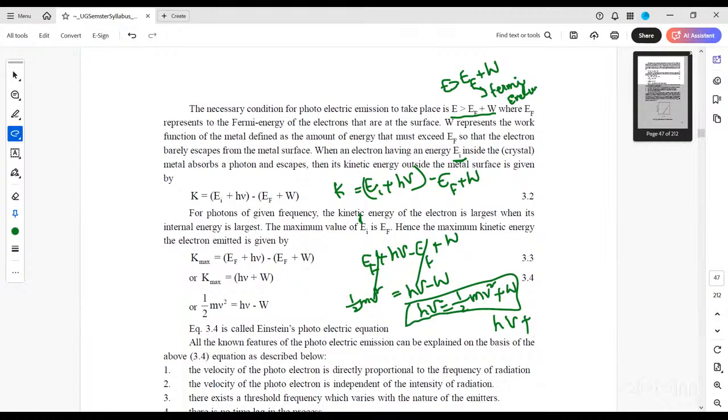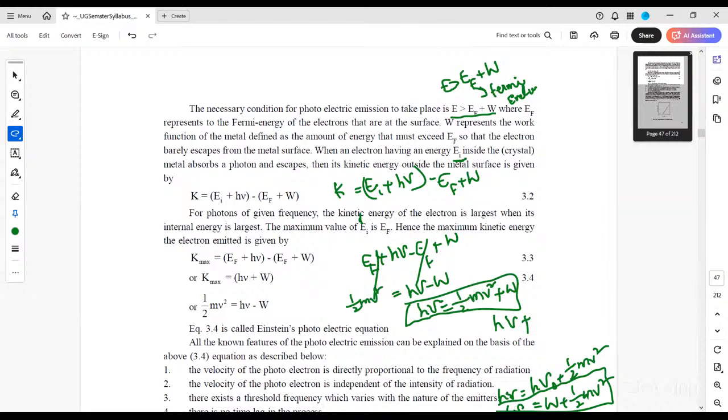And what is the final formula? The final formula is h nu equals h nu naught plus half m v square, or we can also say h nu equals the work done by the body plus half m v square. This is the formula of the photoelectric effect. So this explanation is by Einstein.